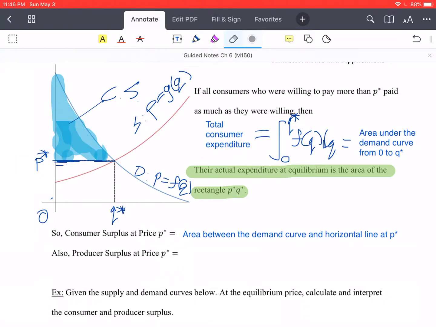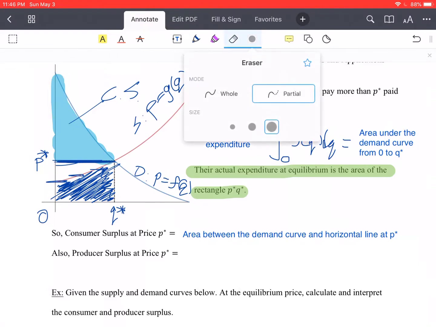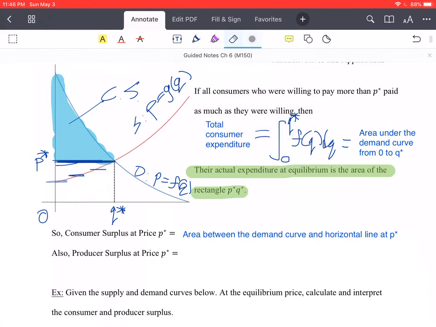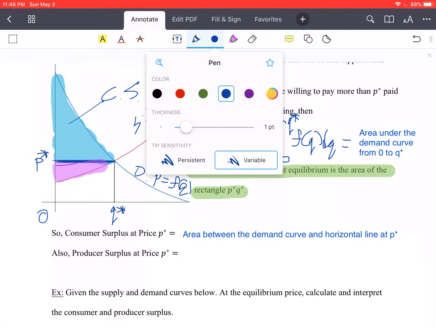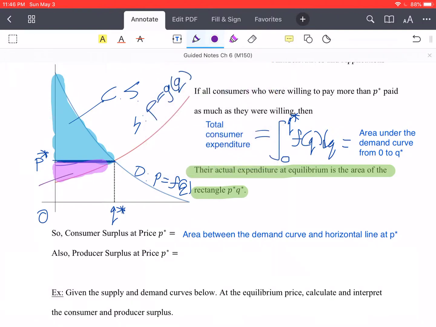So this area right here, the difference between the two, is our producer surplus.